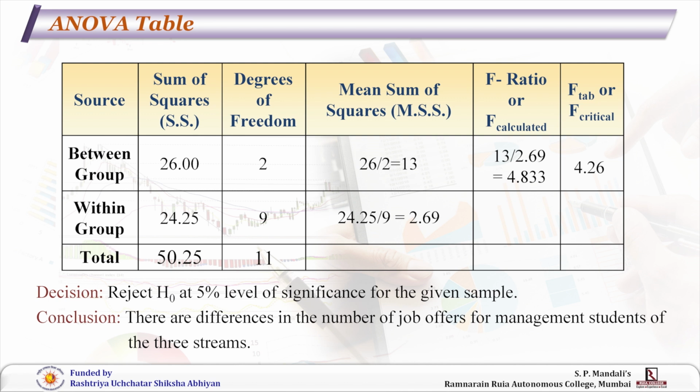The table value is 4.26 from the standard F tables. Now, since 4.833 is greater than 4.26, we reject H0 at 5% level of significance for the given sample. Hence, the conclusion is that the differences in the number of job offers are significant for the 3 streams.